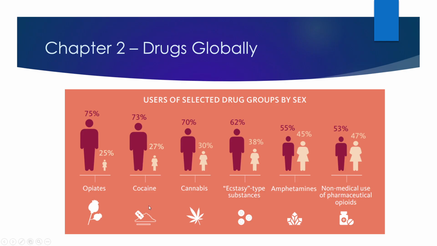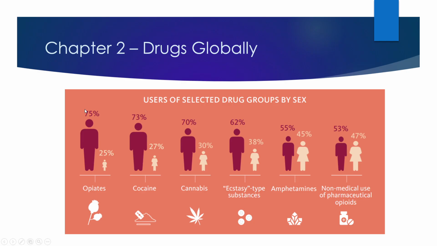And then we see the various different types of drugs. You're seeing the men in larger numbers, because in all of these cases, going from left to right, 1, 2, 3, 4, 5, 6 different types of drugs, in each case, the majority of users are male.